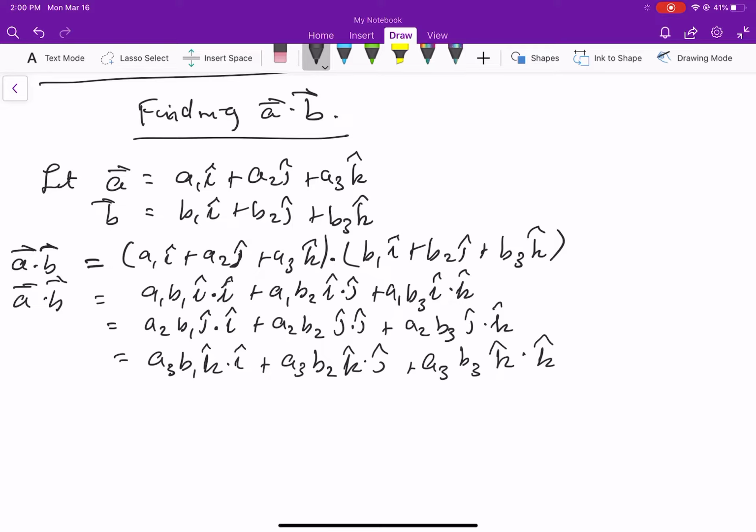Even if they are unit vectors, the dot product would be 0. So 6 of these terms will go to 0: these two, these two, and these two.